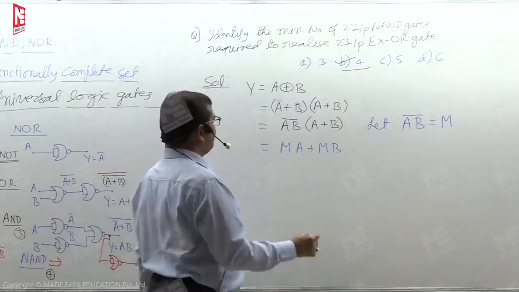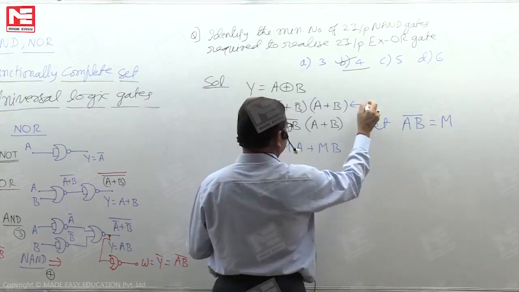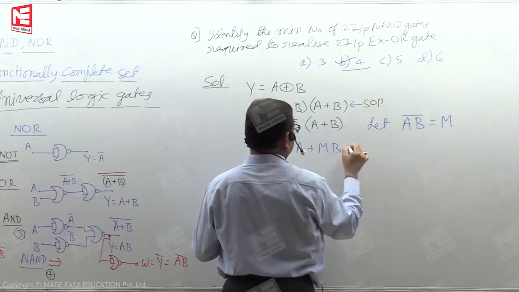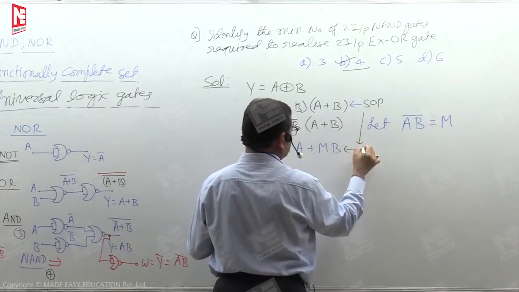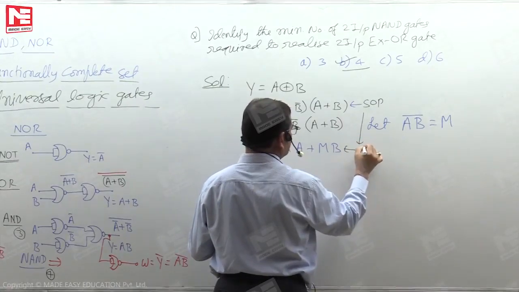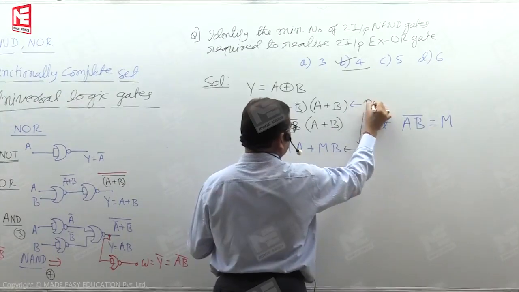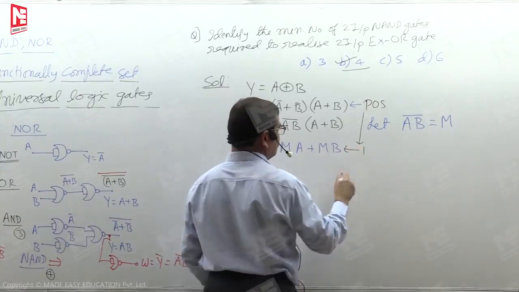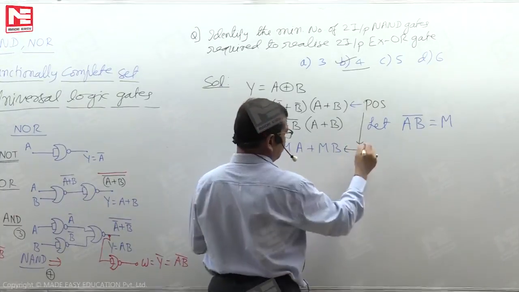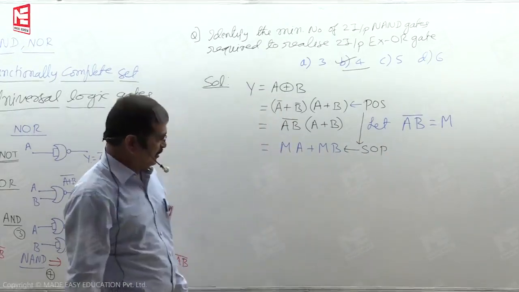We started the expression with the POS form, and with the mathematical or Boolean algebra properties manipulation, we are looking at this in the SOP form. We manipulated it to SOP form with the intermediate term M.